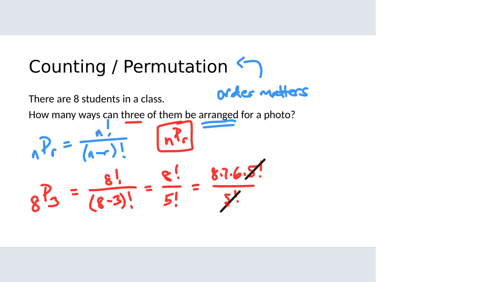So all I'm really left with here is 8 times 7 times 6, which is 336. How many different ways could 3 of these 8 students be arranged for a photo? 336 different ways. Again, if you want to use your nPr button, completely fine. And let me know if you have questions.